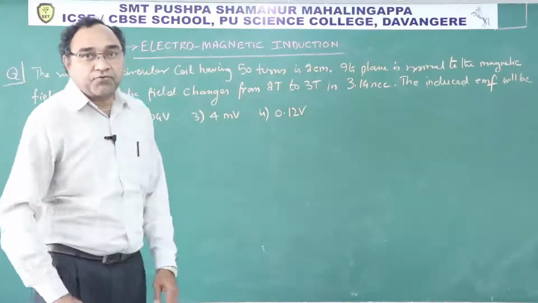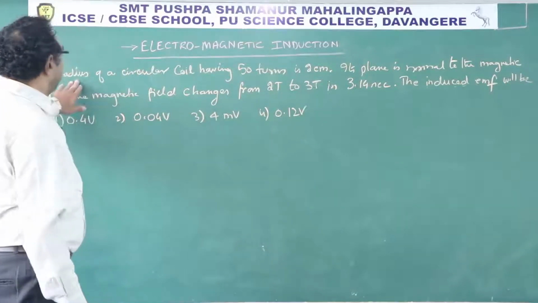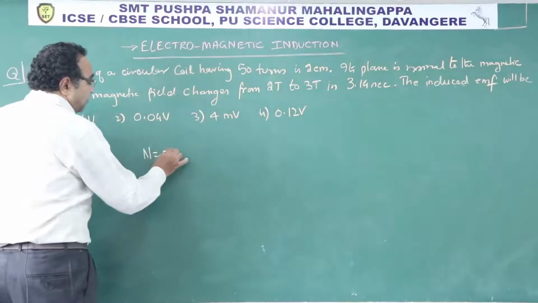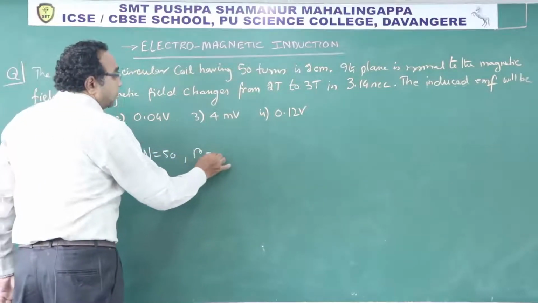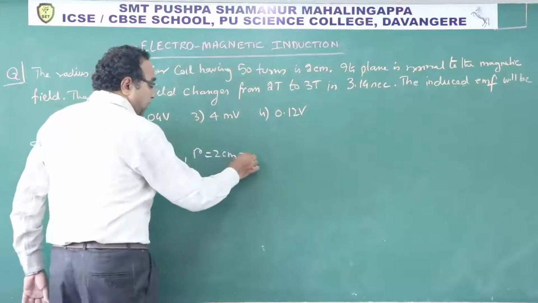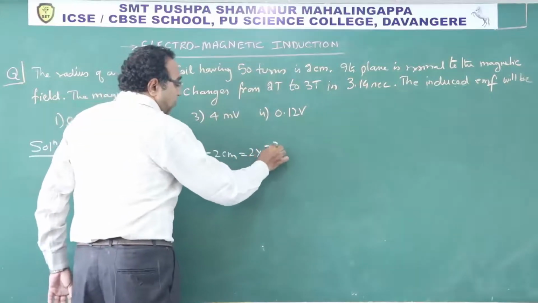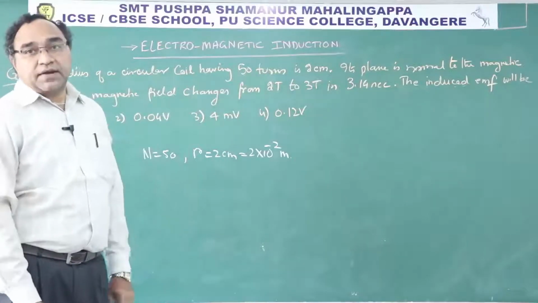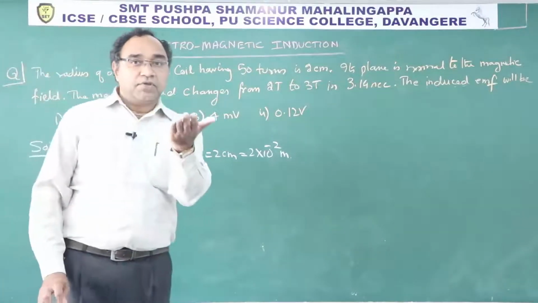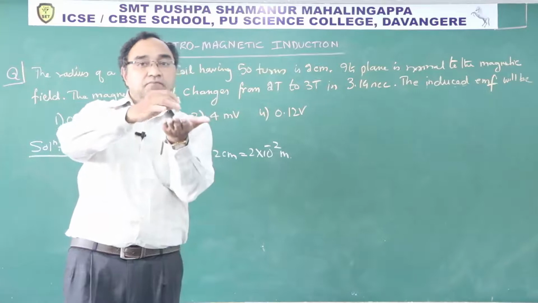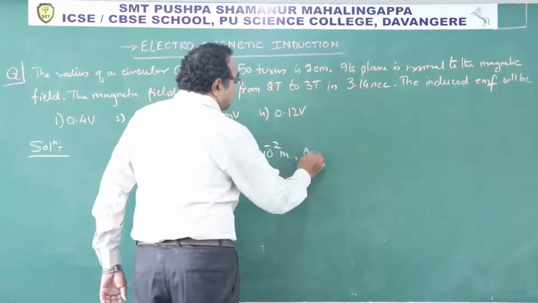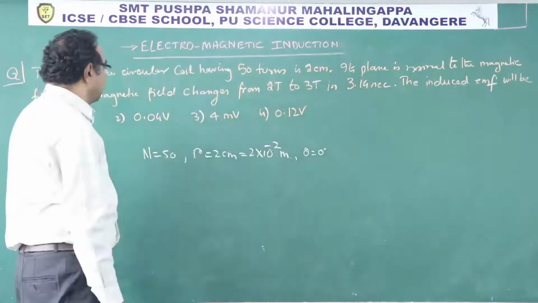Well students, the next question is like this. The radius of a circular coil having 50 turns, so n is equal to 50. R is given as 2 centimeter, so take it in SI unit as 2 into 10 power minus 2 meter. Its plane is normal to the magnetic field, so we will say here theta is 0 degrees.